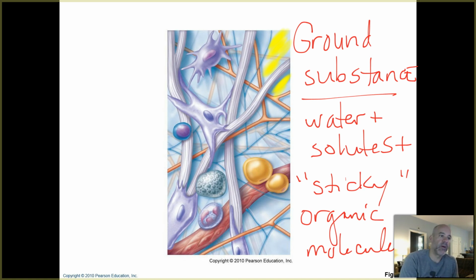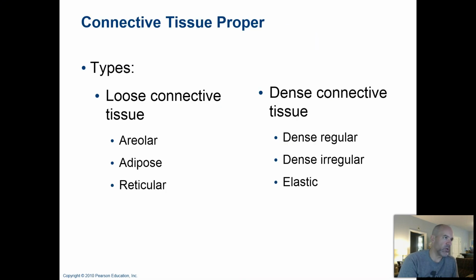You'll hear about those on the physiology side. All those things together are called the ground substance. I know that is kind of a really bizarre name, but that's what it's called, and it probably has more of a jelly-like consistency than a fluid consistency, if that makes sense. So those are some of the different components that you would see in a generic connective tissue proper.